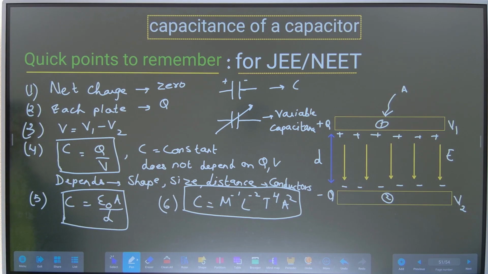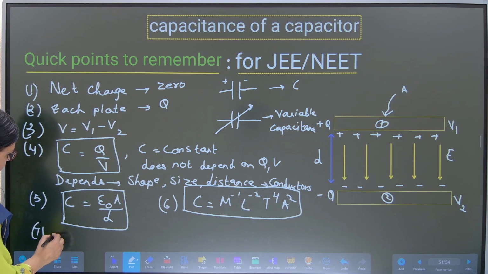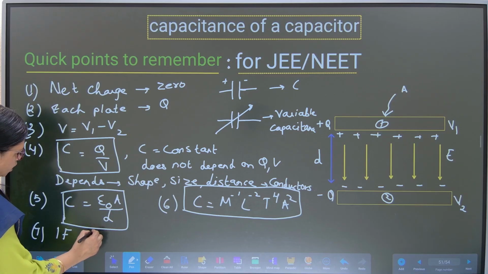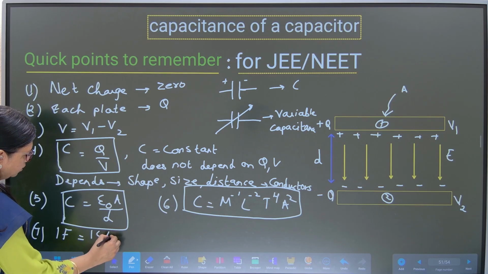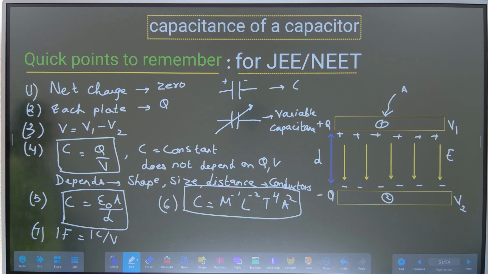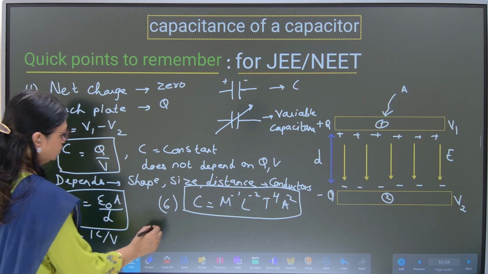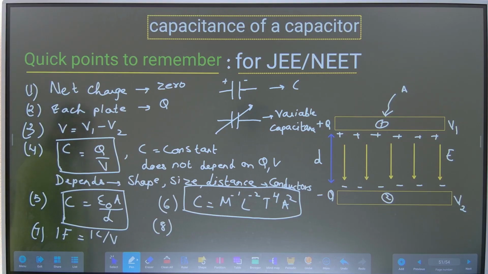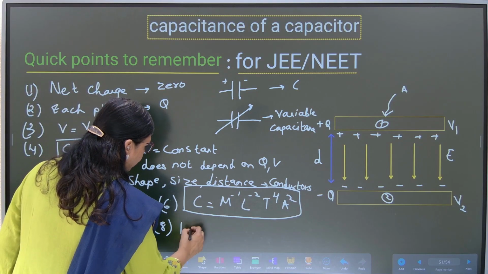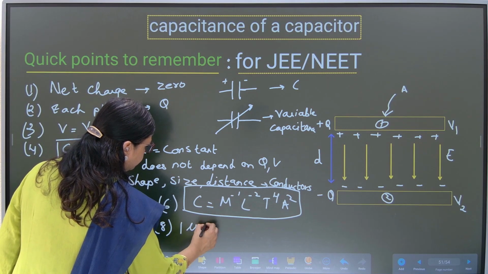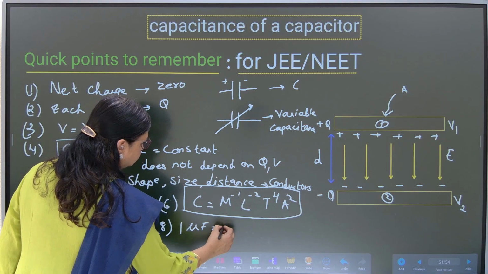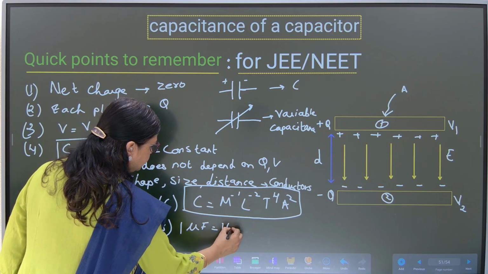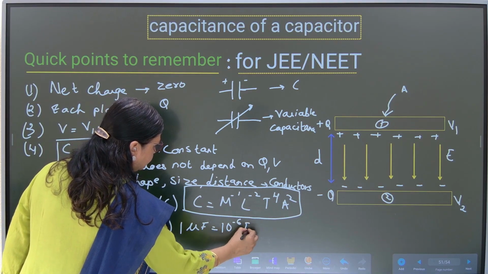And the unit is 1 farad, which is equal to 1 coulomb per volt. And normally we use 1 microfarad, which is equal to 10 raised to minus 6 farad.